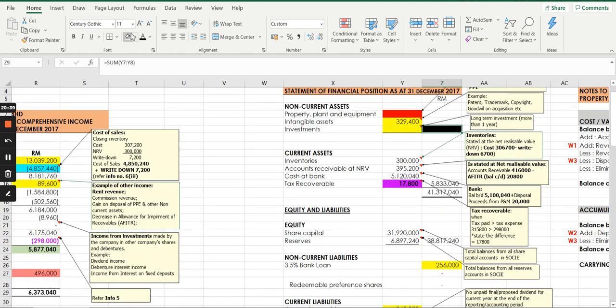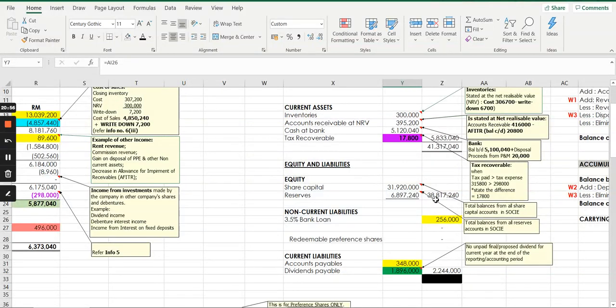We will get this total shortly. I will reveal that. We'll see whether you can get this or not. That figure, 35,154. Should see whether you can get that. This is the total for your statement of financial position. It should be balanced, right?